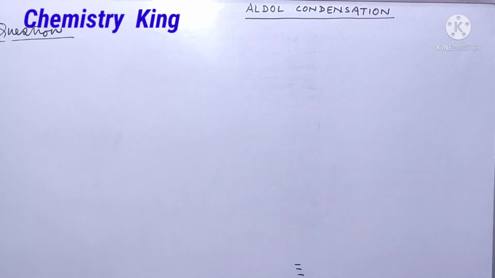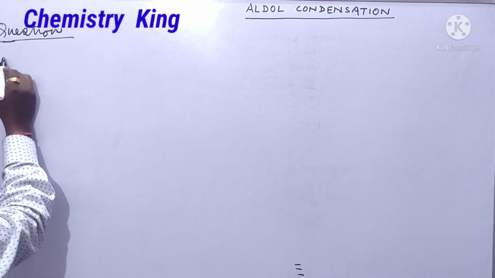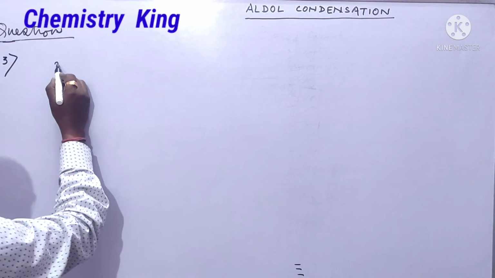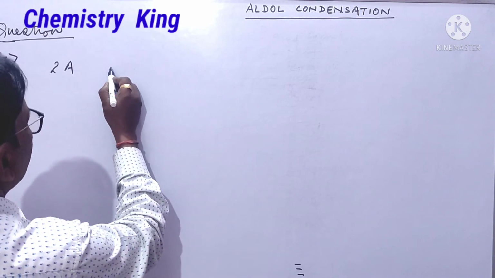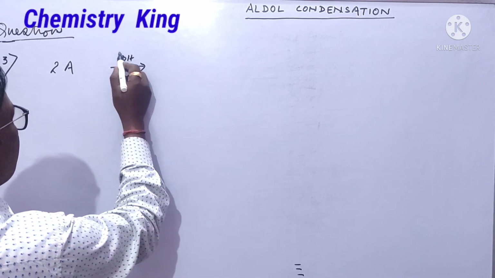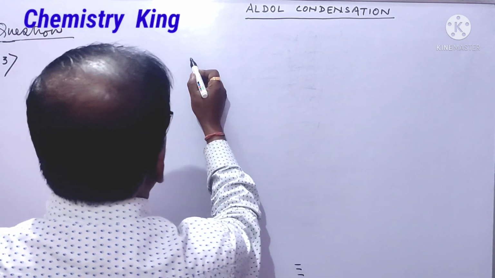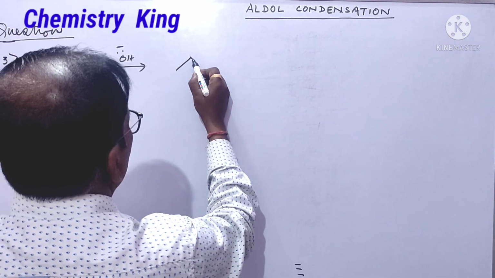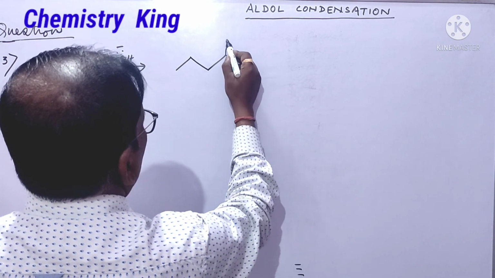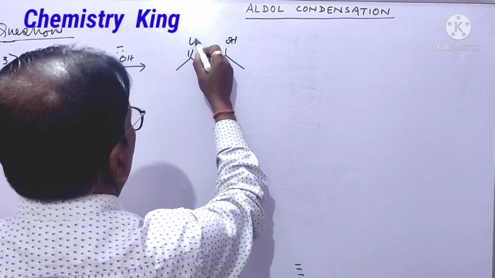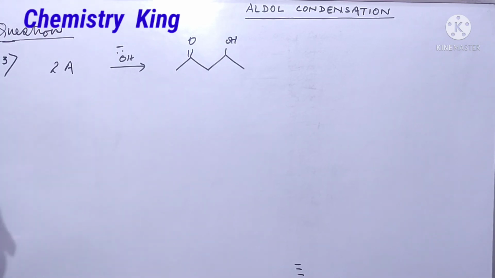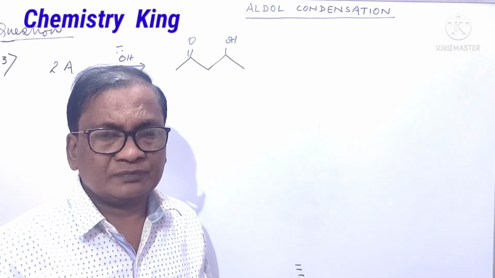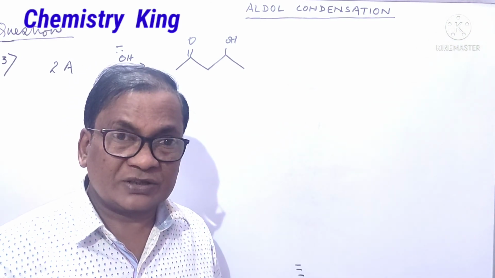Third question is, suppose two molecules of carbonyl compound are here and it is alkali. Here suppose it is OH, it is double bond O. Then the question is, is it aldol condensation?